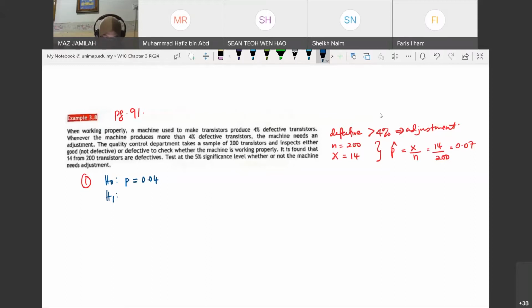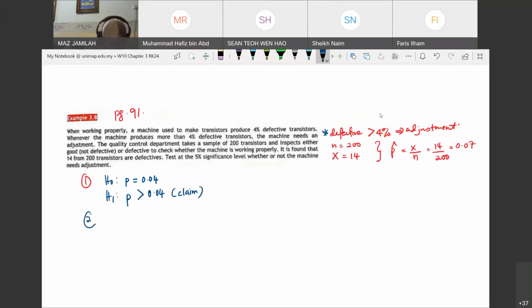It is said to test at the 5% significance level whether or not the machine needs adjustment. Needs adjustment means it is reflecting this particular statement, so p is greater than 0.04. In this case, this automatically becomes your claim.